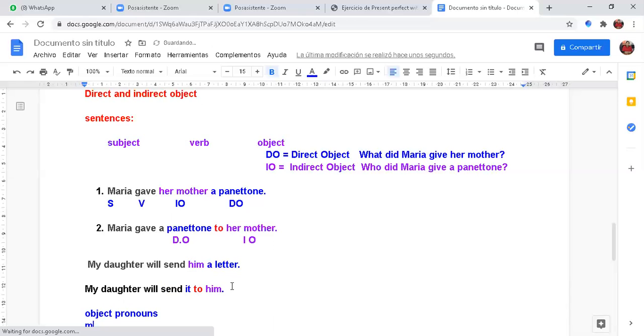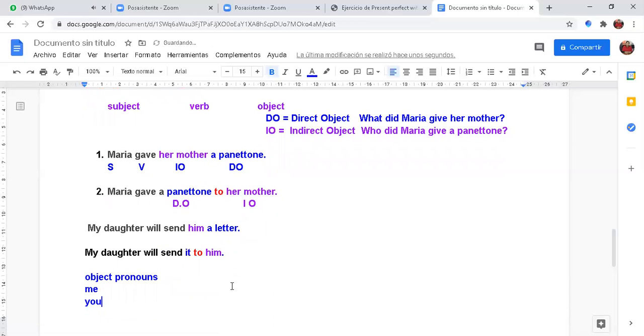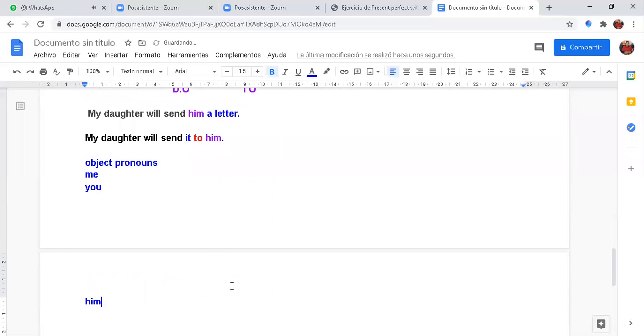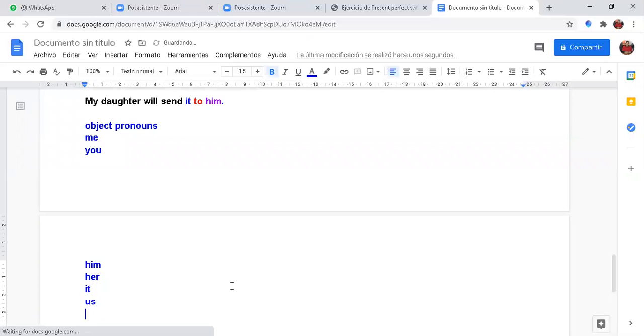Object pronouns are me, you, him, her, it, us, and them. It depends, okay? We can use these object pronouns after the verb in place of the direct or indirect object.